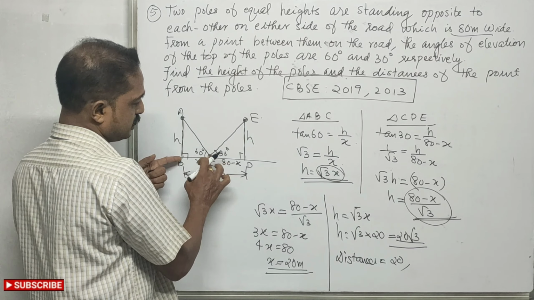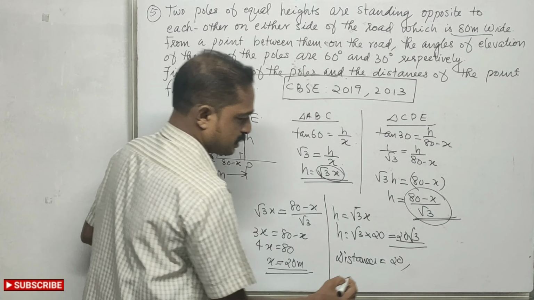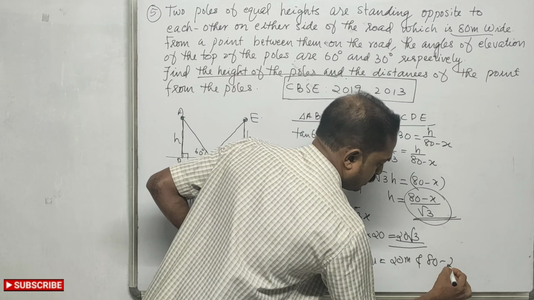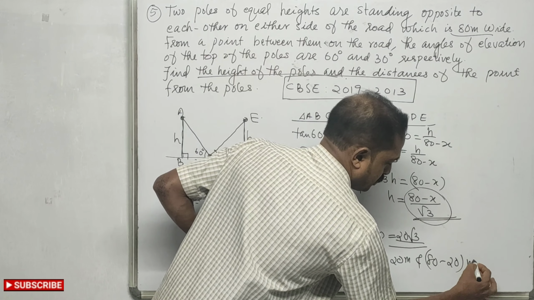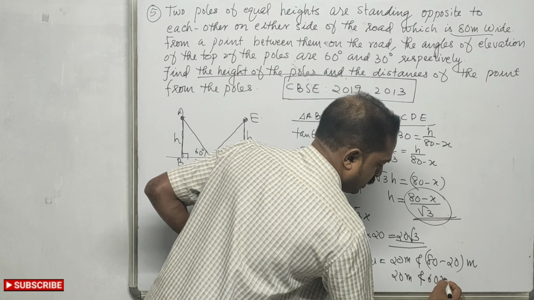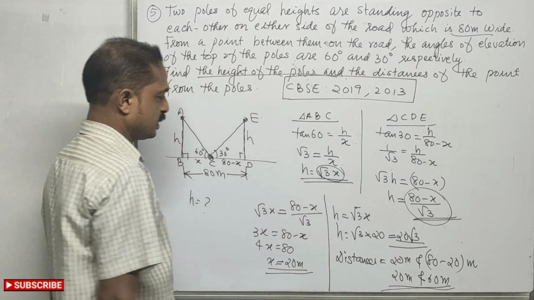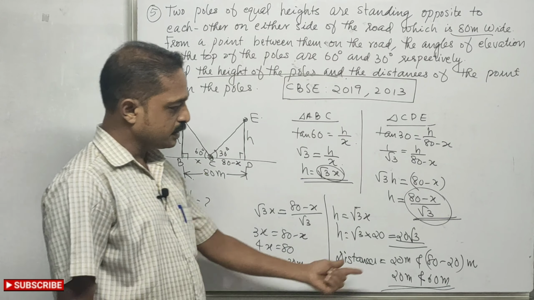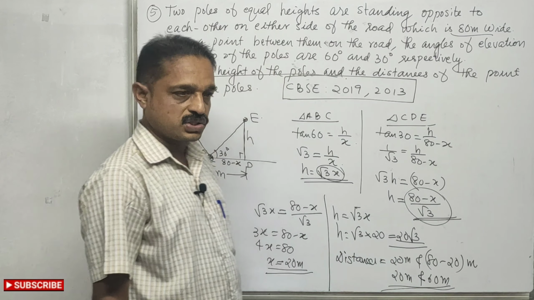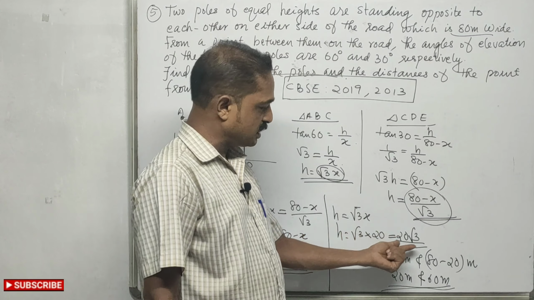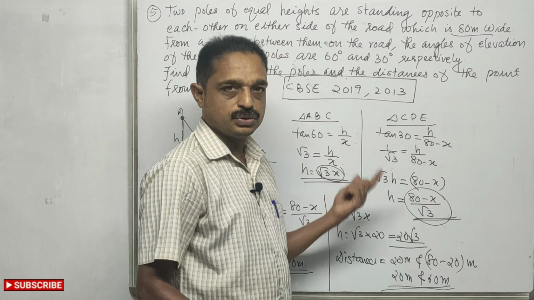X and 80 minus x: 20 meter and 80 minus 20 meters, that is 20 meter and 60 meters. So the distances of this point from the poles are respectively 20 meters and 60 meters. And what is the height of the pole? The height of the pole H is 20 root 3.